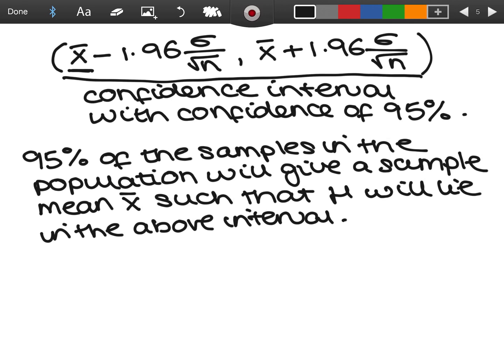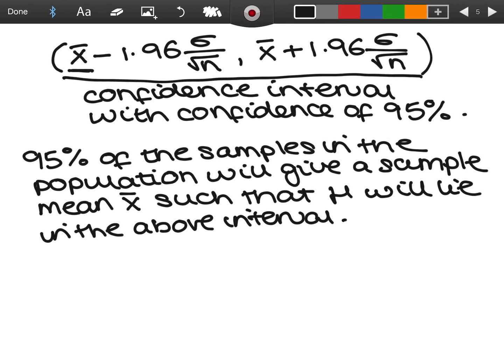Okay. Now, depending on how confident you want to be that your population mean is contained in this interval depends on what your interval is going to be. Okay, you tend to find the more confident that you want to be that the population mean is contained in this, the larger the interval is going to be, okay?